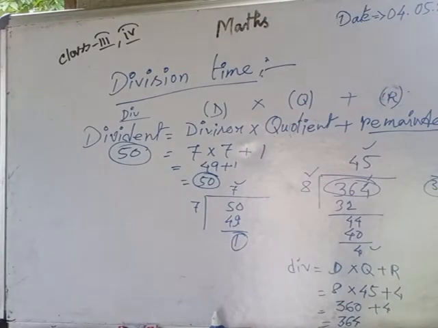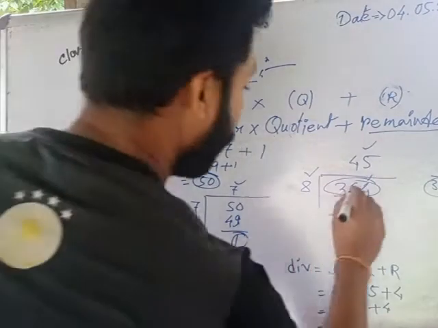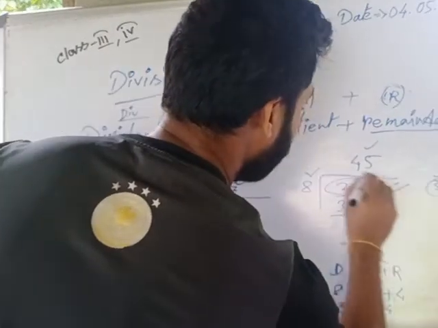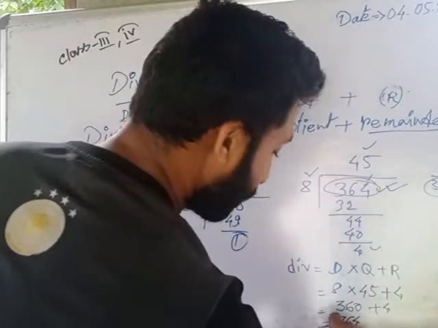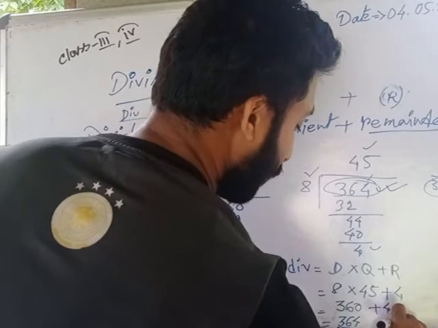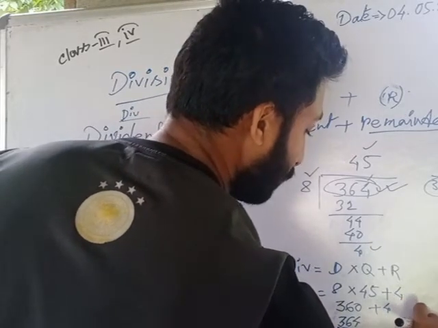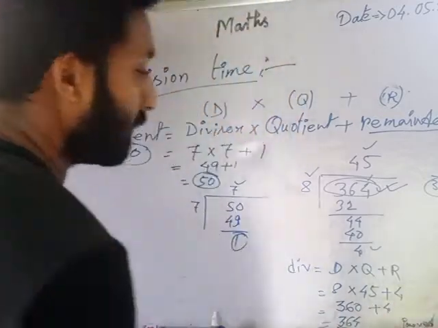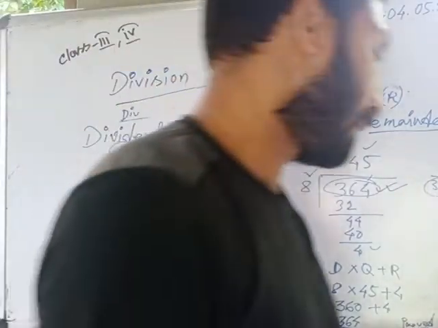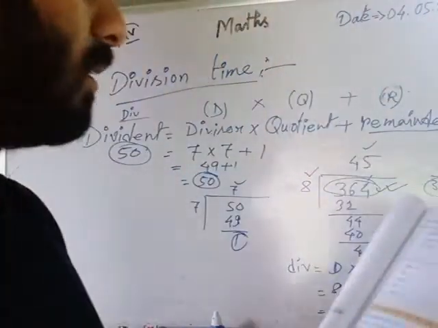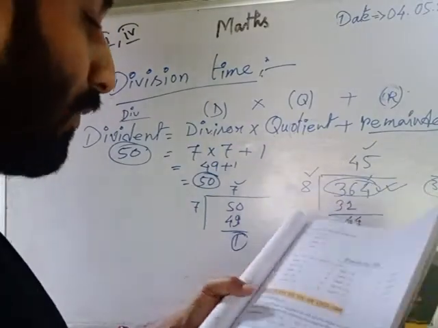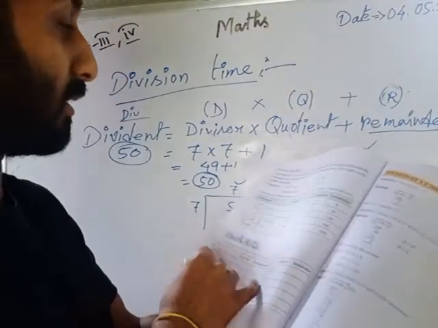So the dividend is also 364. It is the same, so it is proved or checked. Correct. Okay. In this way, we will verify the division result.